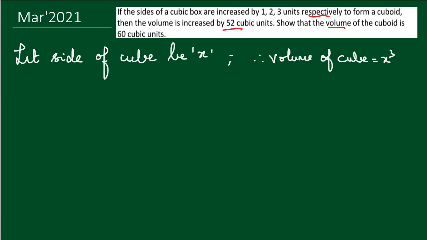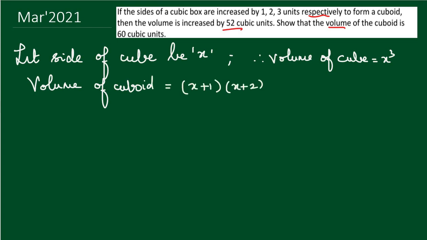Now this cube, when increased by 1, 2 and 3 units, forms a cuboid. So the volume of the cuboid will be (x plus 1)(x plus 2)(x plus 3), as length, breadth and height are increased by 1, 2 and 3.